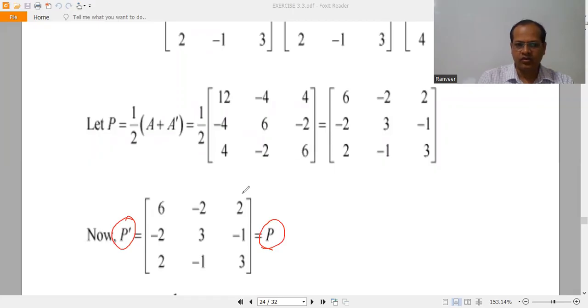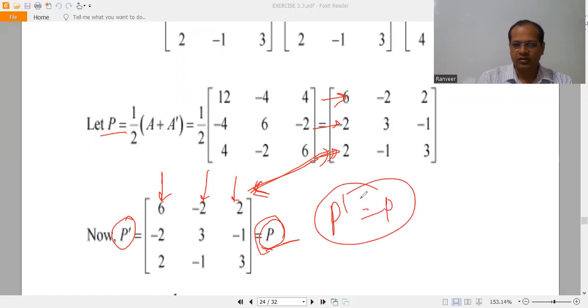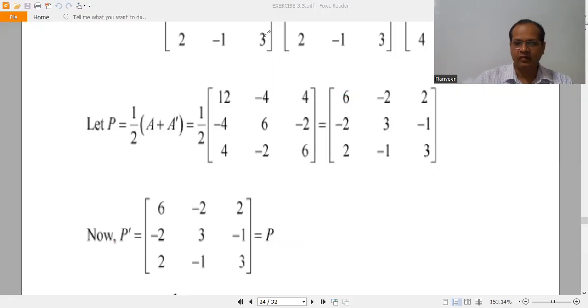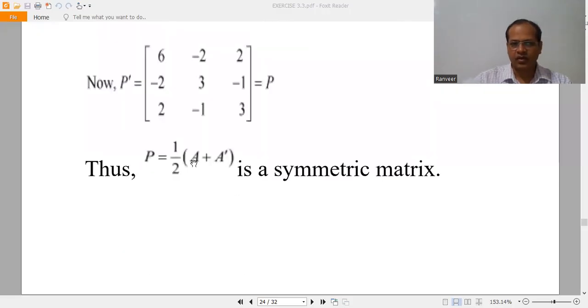After taking the transpose, the first row becomes the first column, the second row becomes the second column, and the third row becomes the third column. So P and P transpose are the same. So P transpose equals P, and this represents a symmetric matrix. So half of A plus A dash is a symmetric matrix.